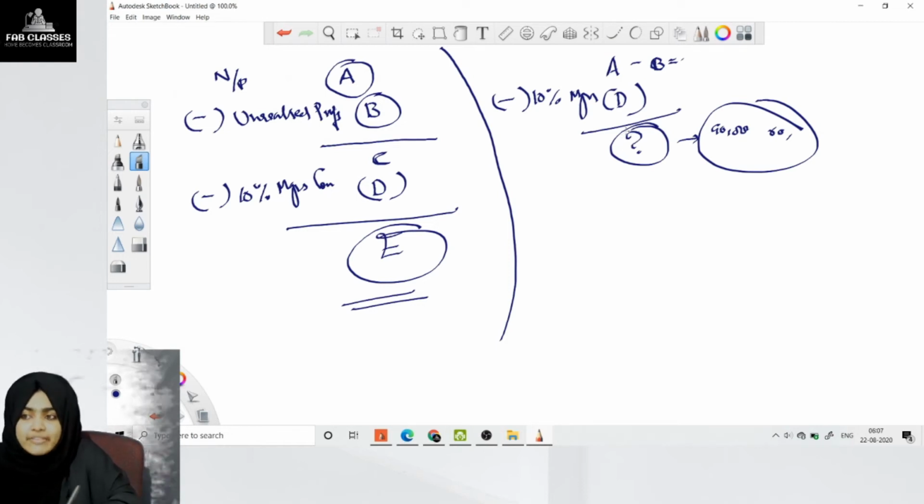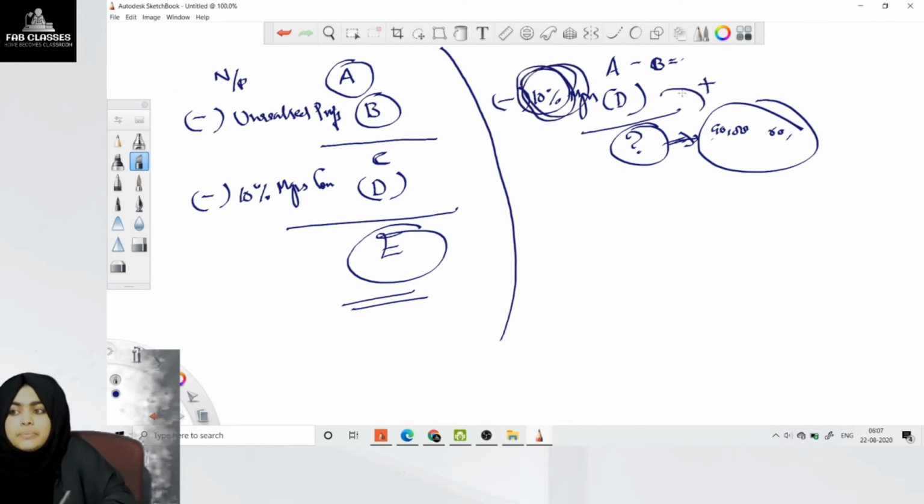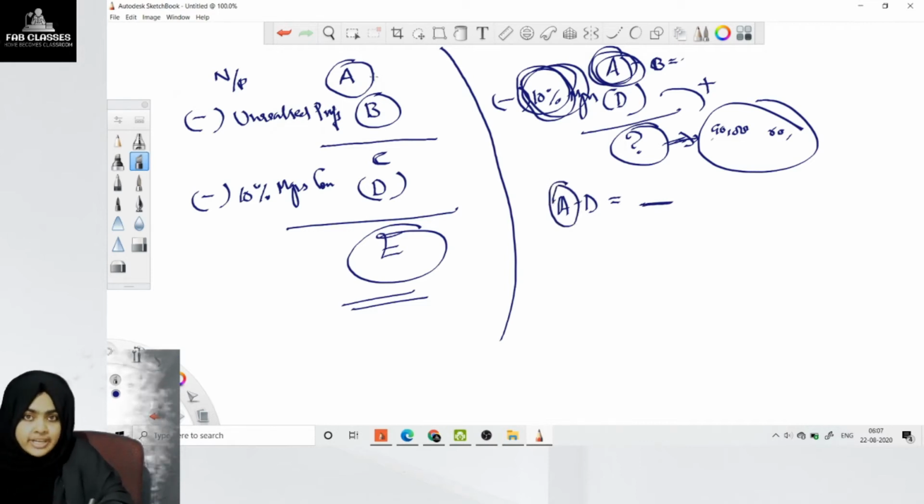So what we have to do is, as this value is given, we have to add back this 10% manager's commission, and then we will get the A component. A minus D is already given. If we want to find A, and we get A, then we can subtract the unrealized profit, and from that we can subtract the 10% manager's commission, and we will arrive at the correct net profit.